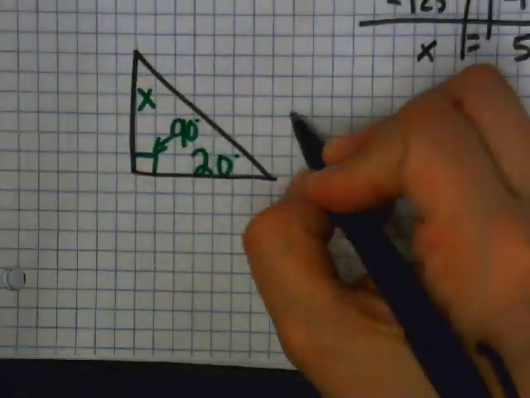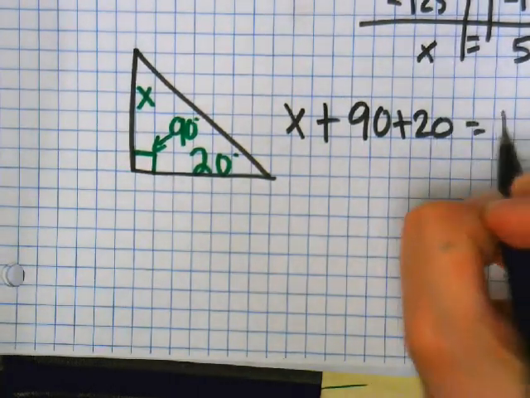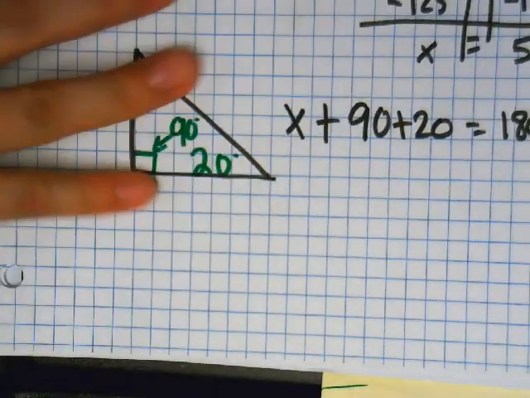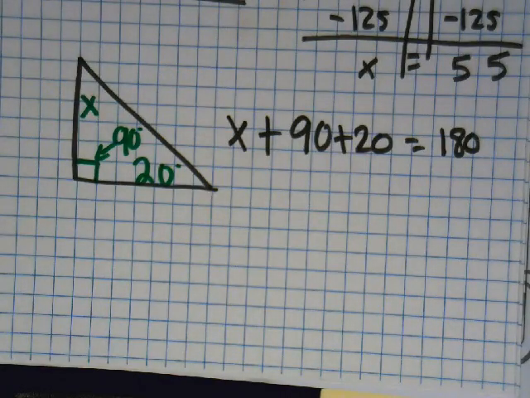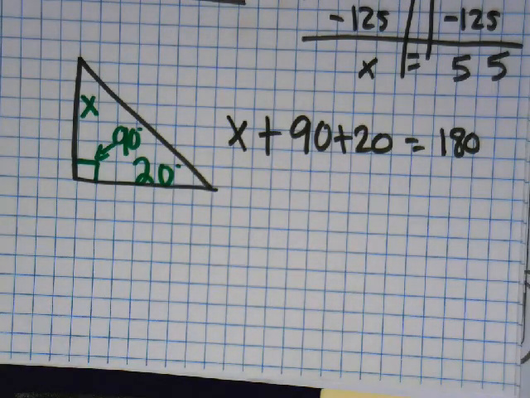So this is x plus 90 plus 120 equals 180. The invisible 90. They will not write down 90. You have to know it's 90. All right. Do you want to do it Juan's way or the different way? Juan's way. I like it.